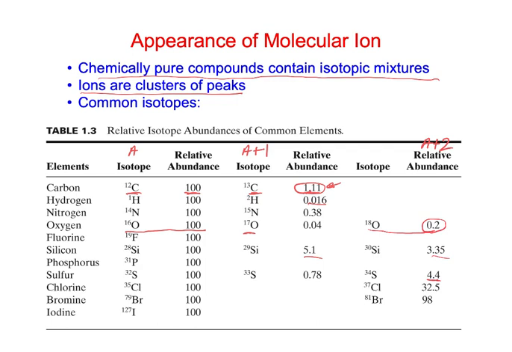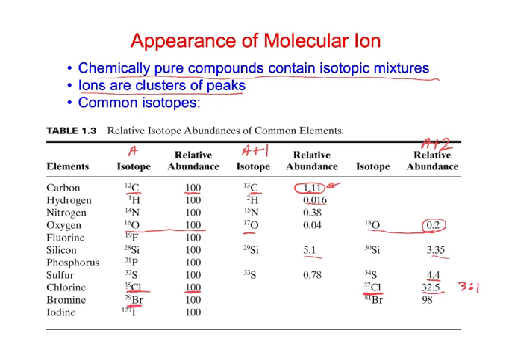And really the easiest ones to pick out here are chlorine, where 35 is the main abundance, and 37 is a 32.5% abundance. So this is roughly a 3-to-1 ratio.